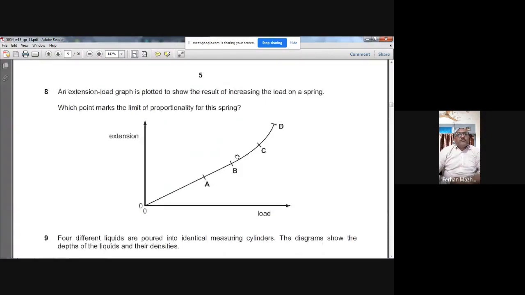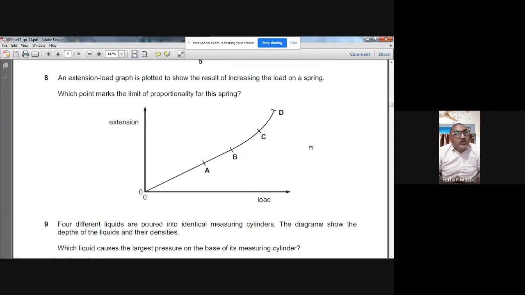Next question, question number 8 on your screen. An extension load graph is plotted to show the result of increasing the load on a spring. Which point marks the limit of proportionality for this spring? You see, it's an extension load graph. Till point B, the graph is a straight line. And after point B, you see the graph has started curving upward.